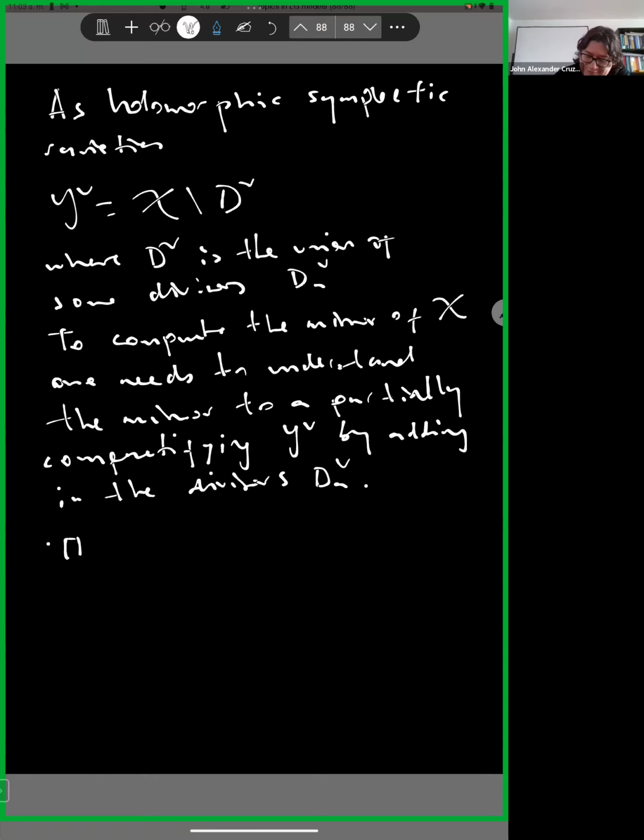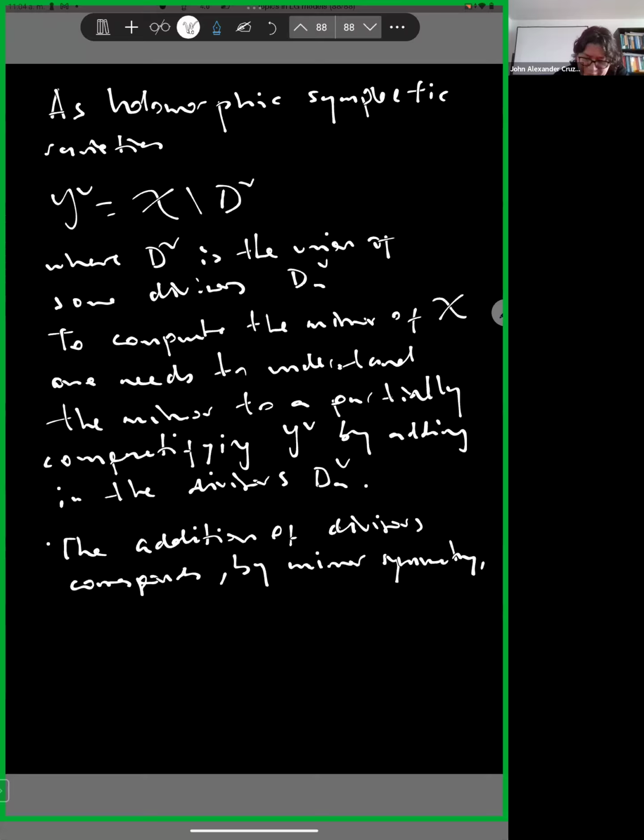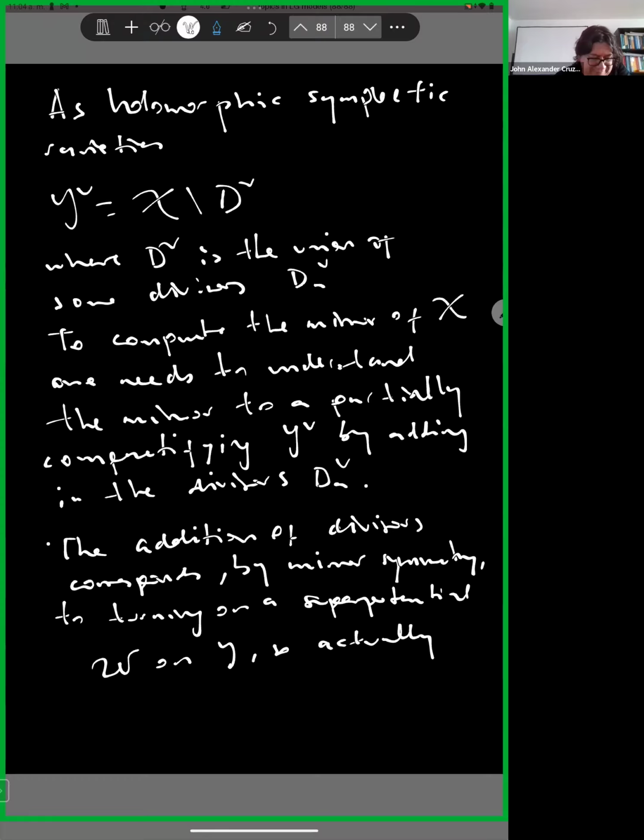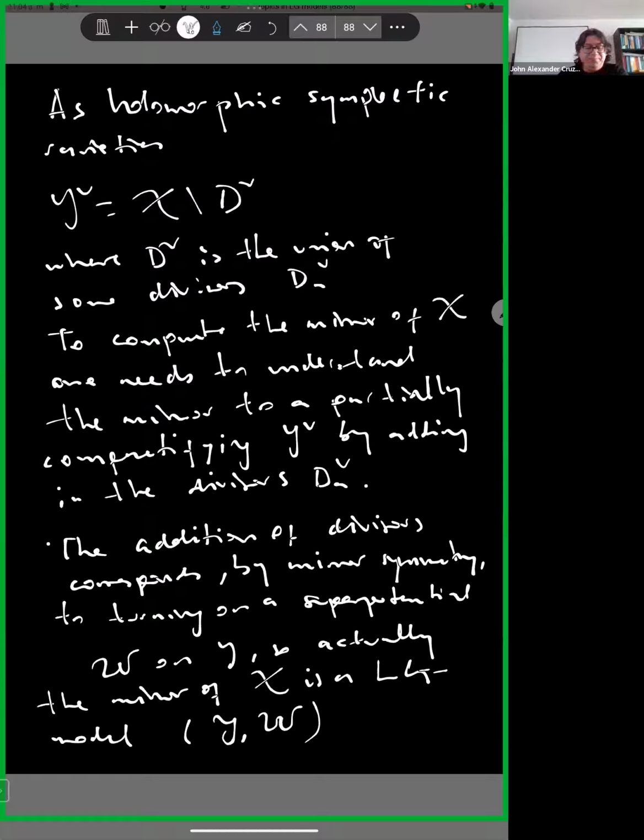So the addition of divisors corresponds, by mirror symmetry, to turning on a superpotential, let me call it W, on Y. So actually the mirror of X is the Landau-Ginzburg model (Y, W).